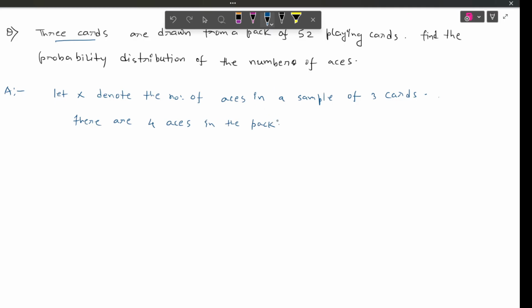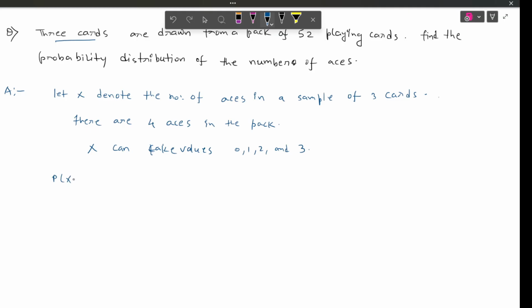Therefore, in the sample of 3 cards drawn, there can be no ace, 1 ace, 2 aces, or 3 aces. So X can take values 0, 1, 2 and 3.